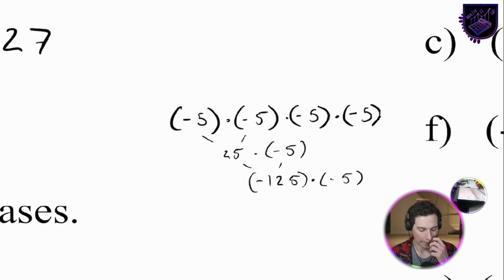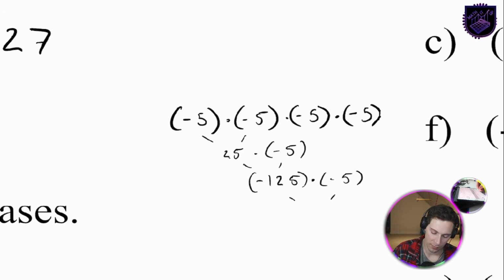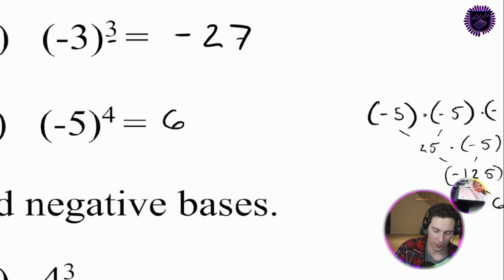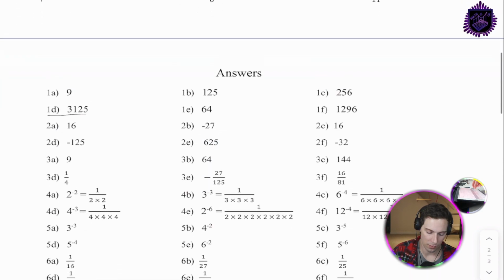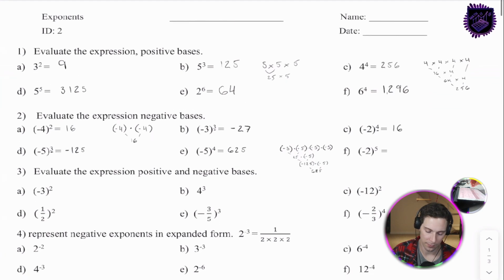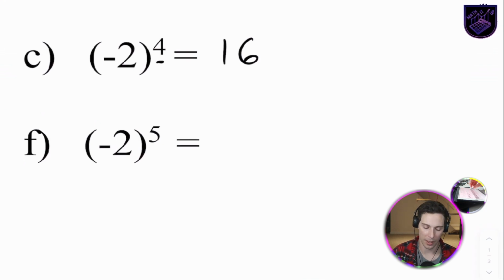So this is going to be 625, negative times negative, positive 625. And 2e, 625, yeah. It's always nice to check just to make sure you can get them as you go.